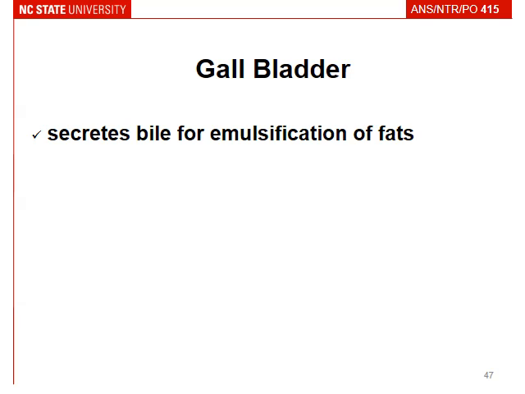The main function of the gallbladder is that it secretes bile for the emulsion of fats. You need bile to properly absorb fats. Some species don't have gallbladders, and it all depends on what they are eating.